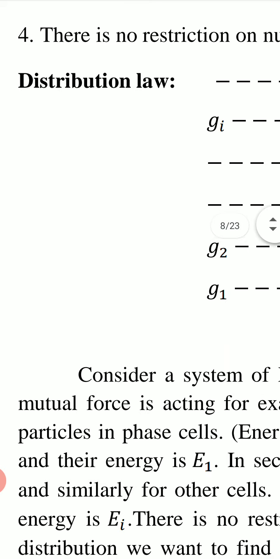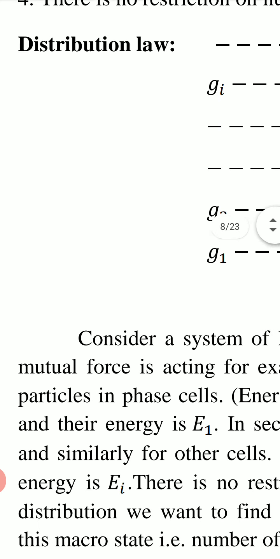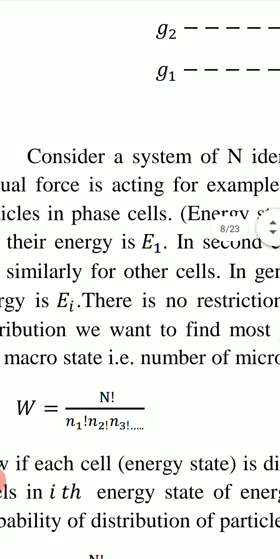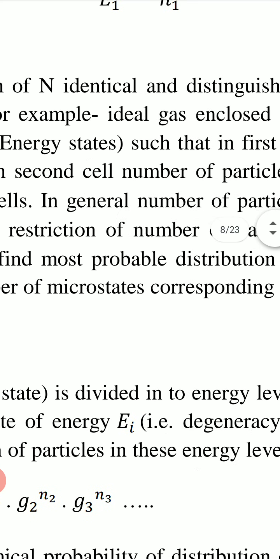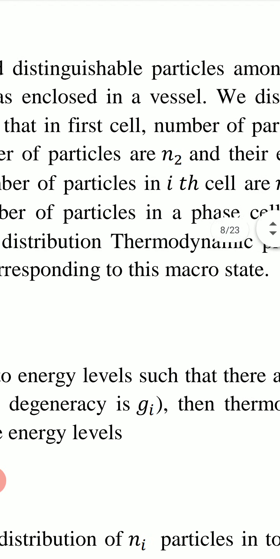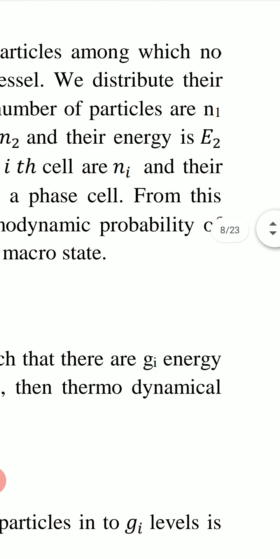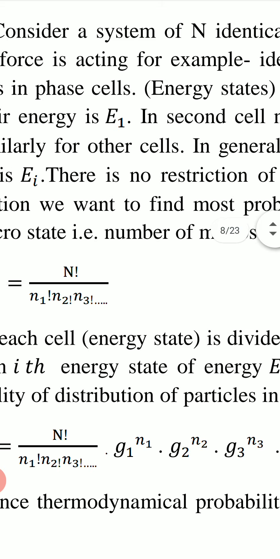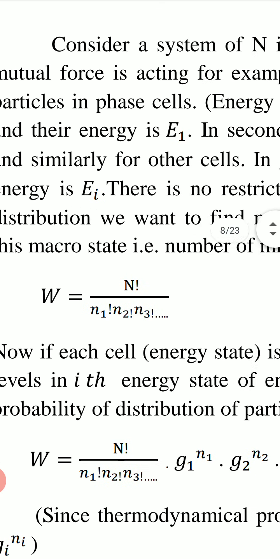Now we will find the distribution law for Maxwell-Boltzmann statistics. To find a distribution law, consider a system of N identical and distinguishable particles, among which no mutual force is acting.